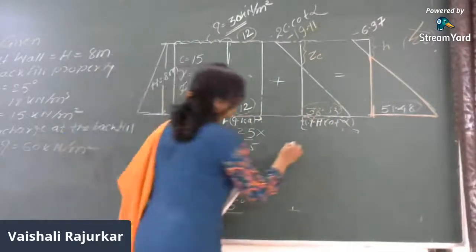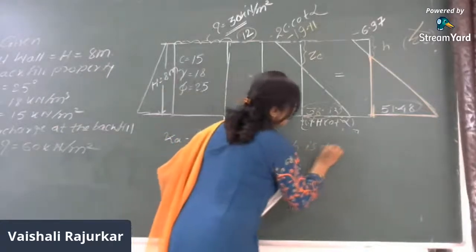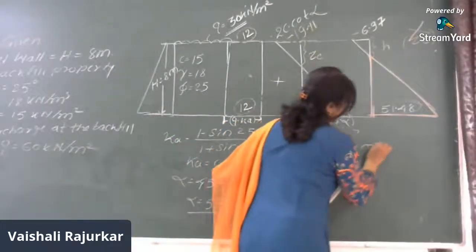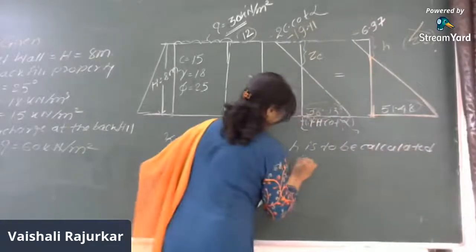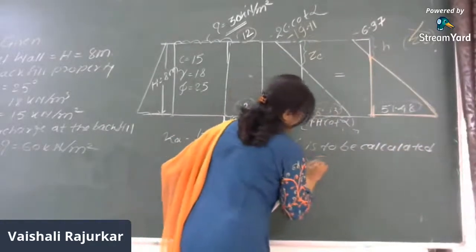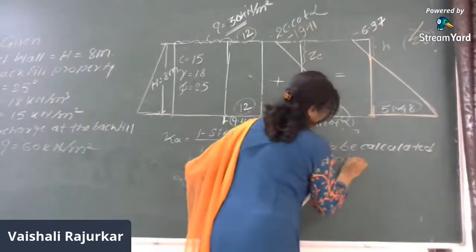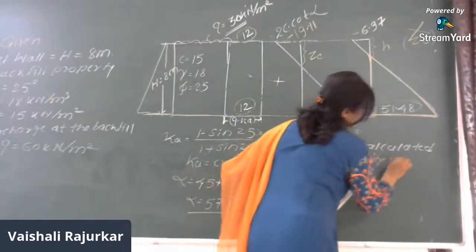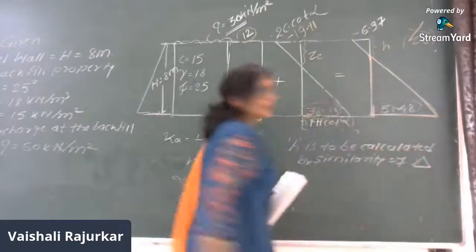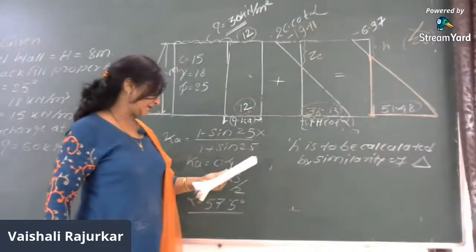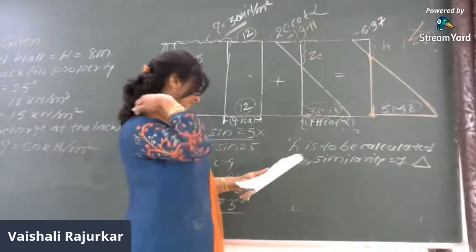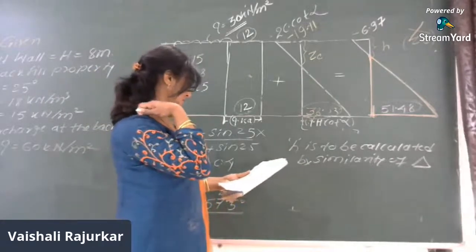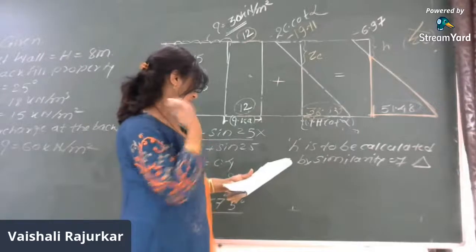Right? So here h is to be calculated by similarity of triangle, and here we will get the distance as 2.67.